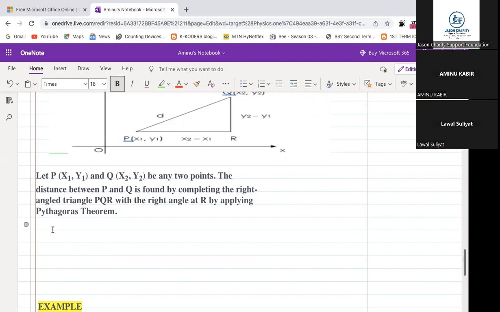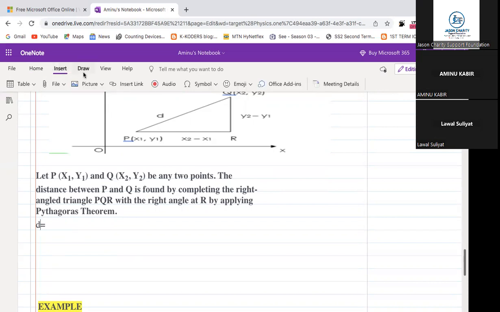So for us to calculate this, we'll have d square.